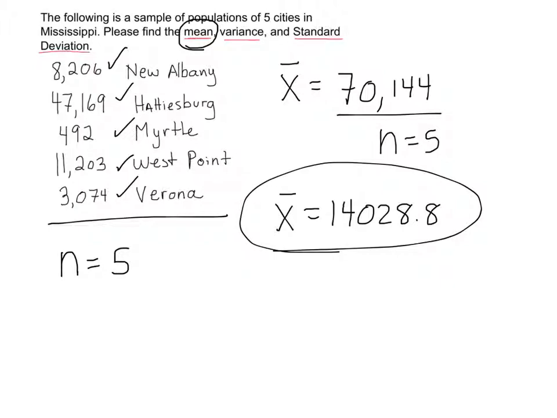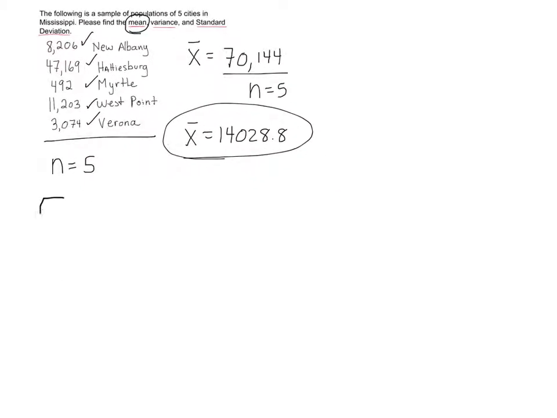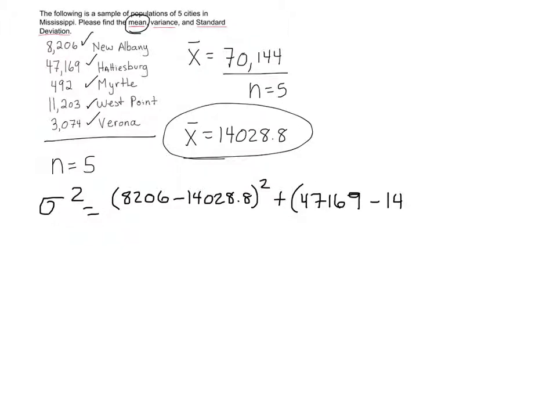So let's do that. Now the symbol we use for variance is sigma squared. And so sigma squared is New Albany's population minus the mean squared plus Hattiesburg's population minus the mean squared. And then whose population? Myrtle's. Good.